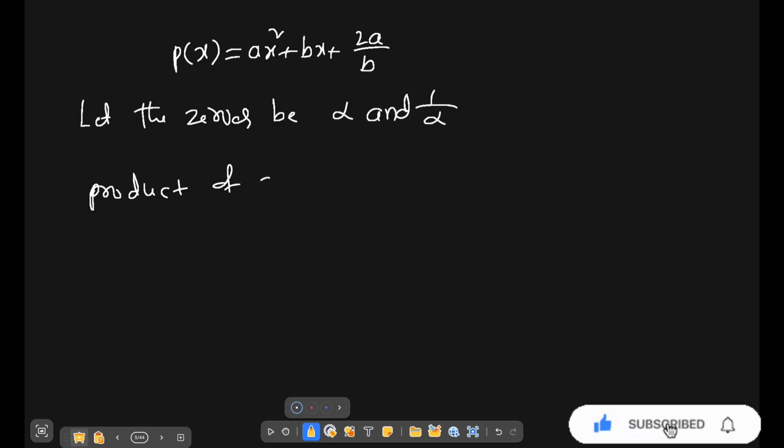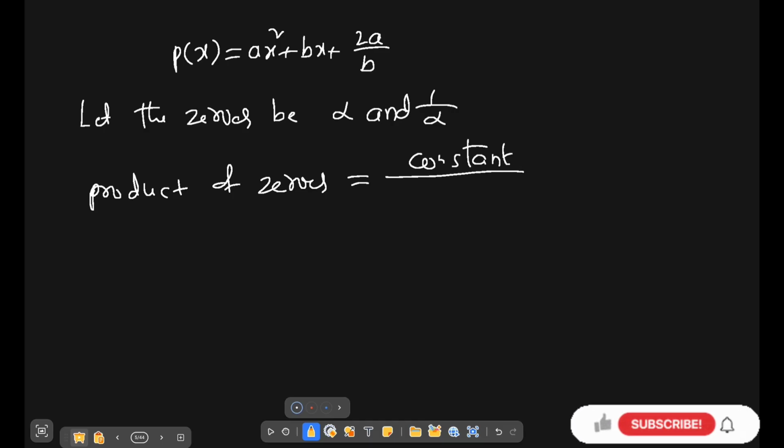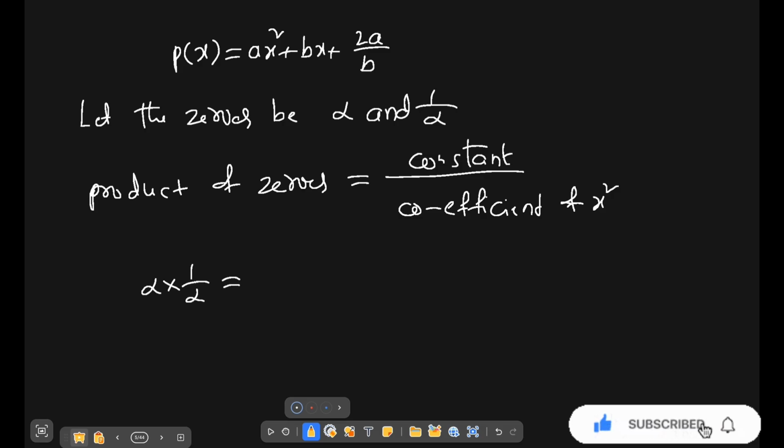The product of zeros is equal to the constant term by the coefficient of x square. Product of zeros means alpha into 1 by alpha is equal to the constant term by the coefficient of x square.